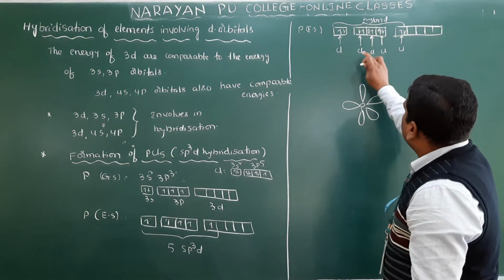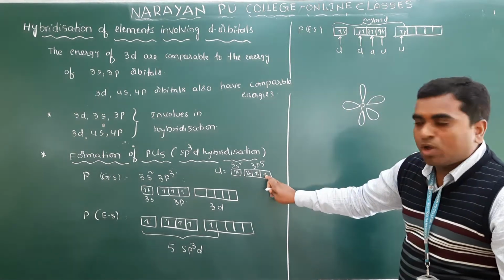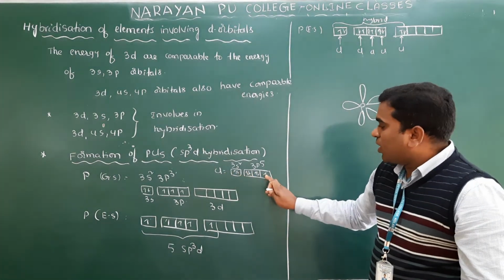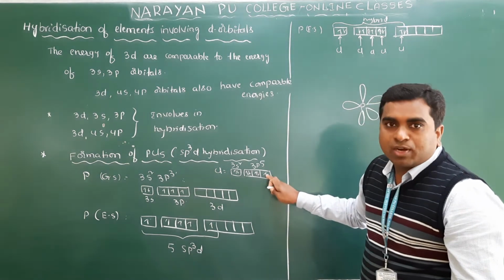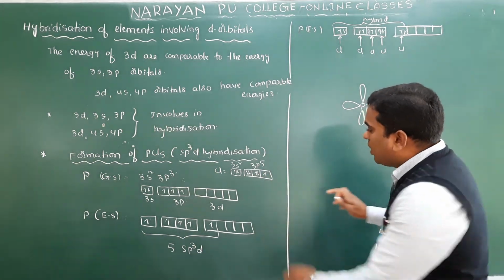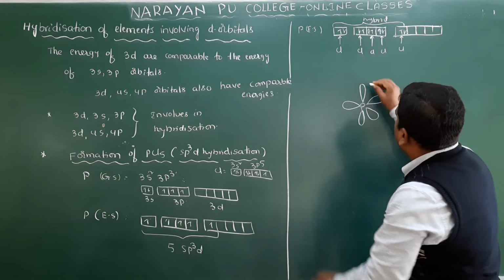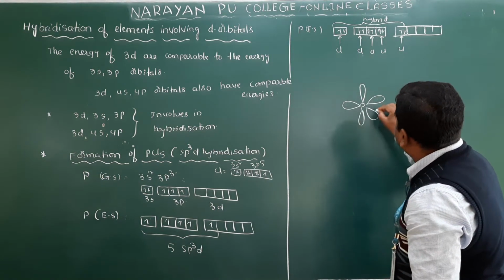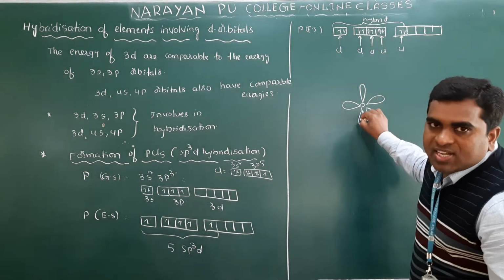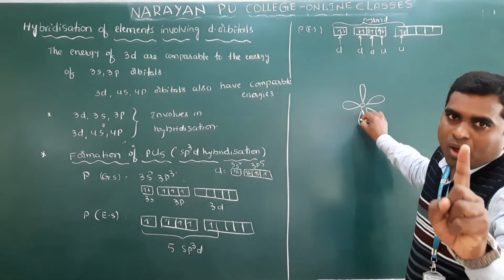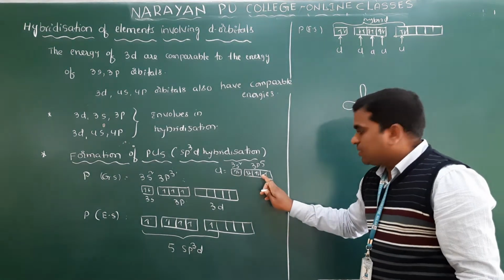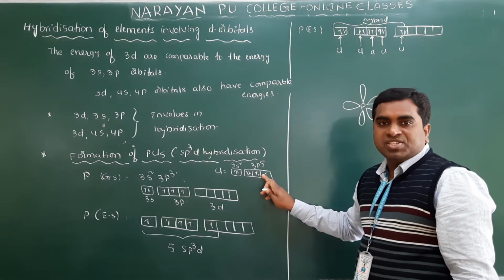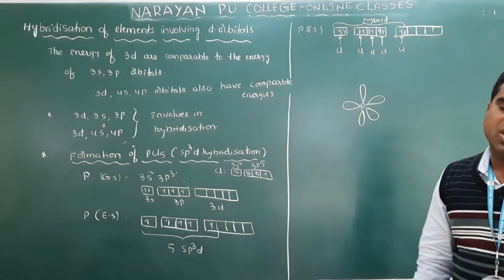Now what happened? The empty p orbital of chlorine, and not an empty orbital, here an unpaired electron is there in the one p orbital. This unpaired electron, and each of these sp3d hybridized orbitals also has one unpaired electron, and these are involved in the hybridization, meaning overlapping and bond formation. Clear?